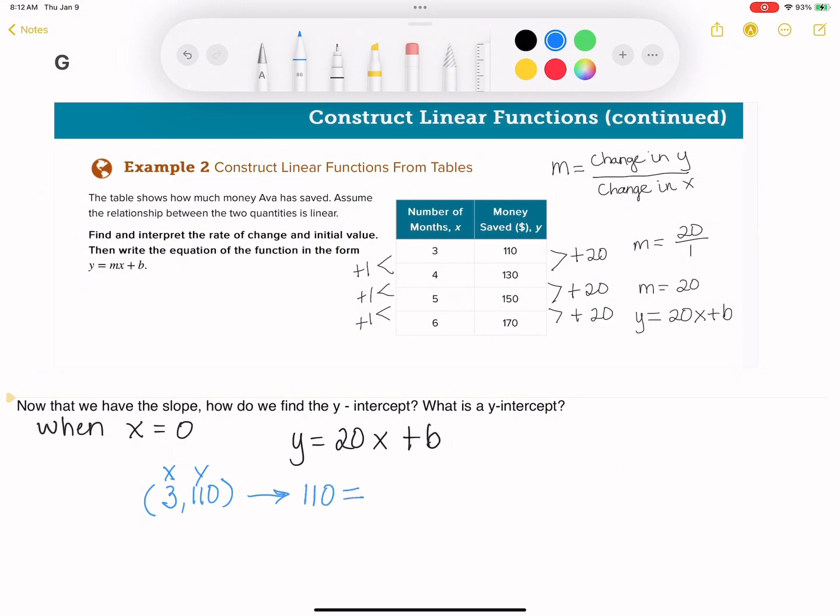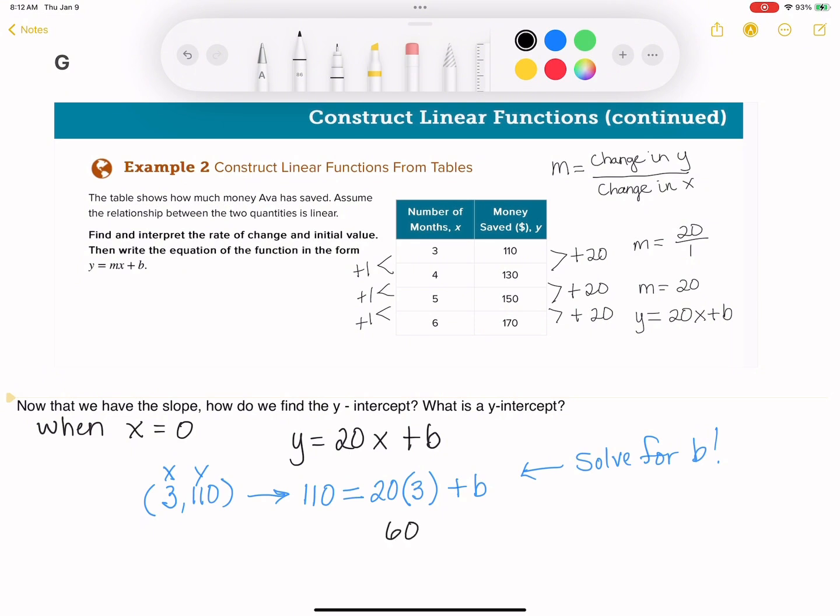So plugging in 110 for y, I keep our slope at 20, multiply by 3, and add b. I am looking for the y-intercept, so our b value is what I need to solve for. How am I going to do that?